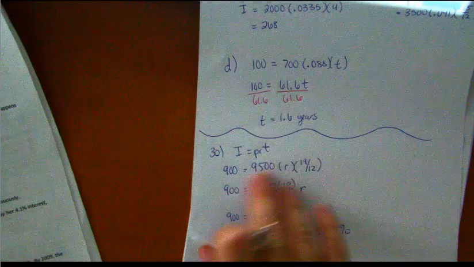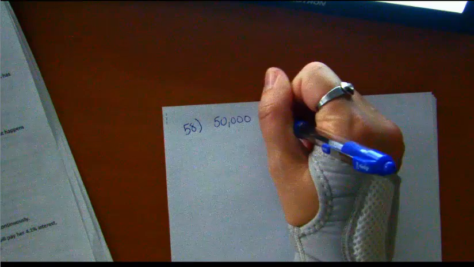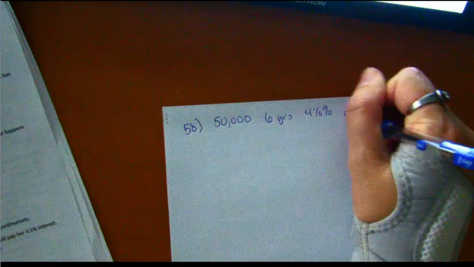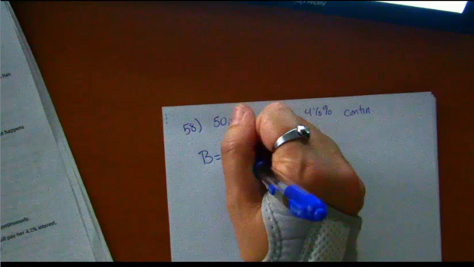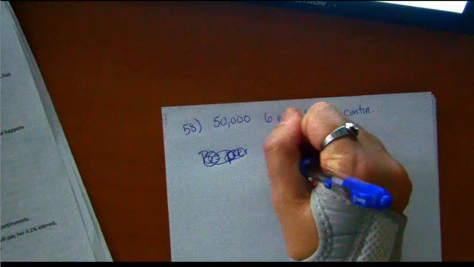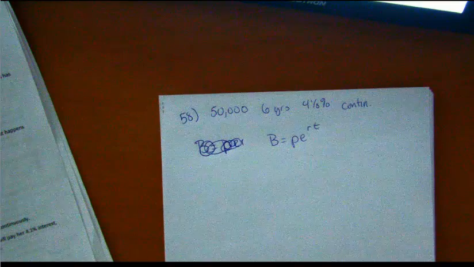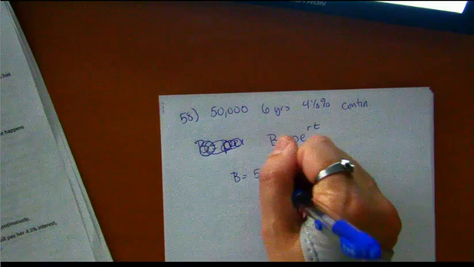Okay, so 58, we've got $50,000 deposited, 6 years, 4 1/8% continuously. Wrote it down. That's our formula. Okay, so your principal is the 50,000 that you deposit.